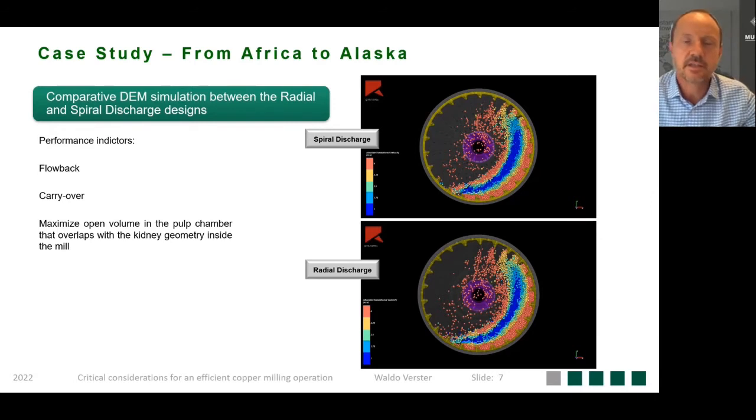How did we determine the spiral geometry? We used the discrete element method, and we did a comparative study between the spiral discharge system and a radial discharge system. We've taken the following performance indicators into account: flowback, where we see slurry inside the pulp chamber flowing back through the grate back into the mill.